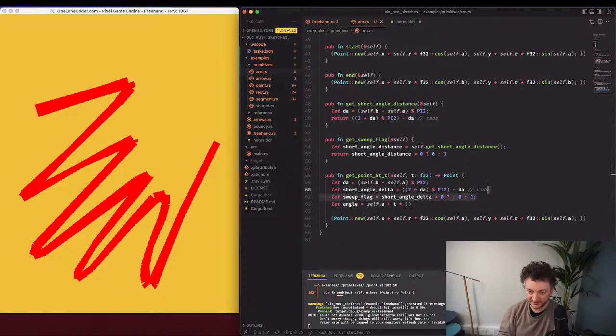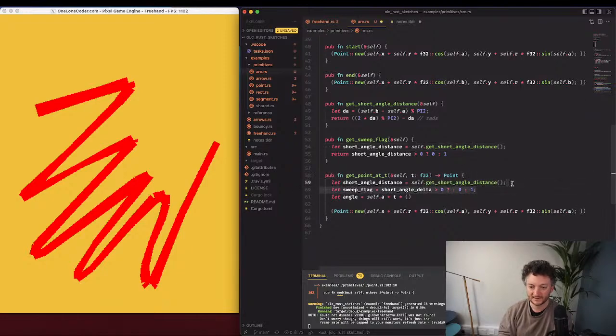Okay. So when we're getting the point T, do we actually need the delta? Yes. So we do need the short angle distance. So I guess we're going to get it twice, but that's fine. We're going to be doing this math twice here, once here and once here. It's redundant, but whatever. Sweep flag greater than 0, and pi 2 plus delta, otherwise delta.